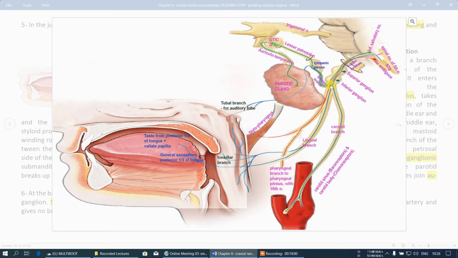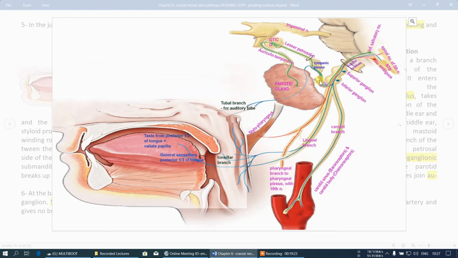So after this, it now gives the motor branch. This red color represents the motor branch that goes to the stylopharyngeus muscle, that is general visceral efferent, general somatic efferent, and another branch, that is lingual branch and pharyngeal branch.